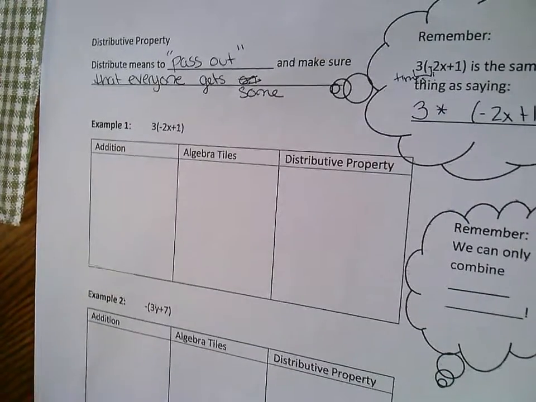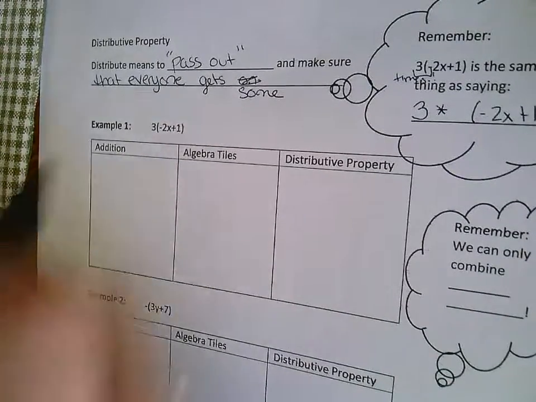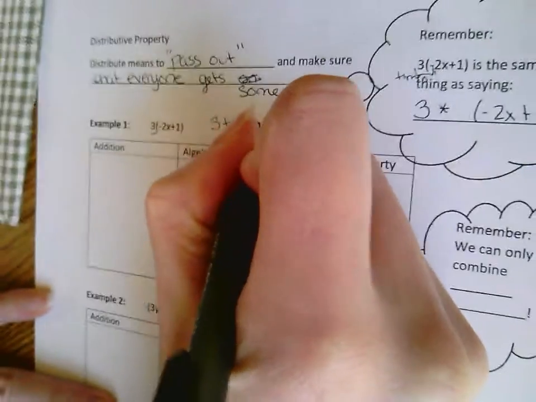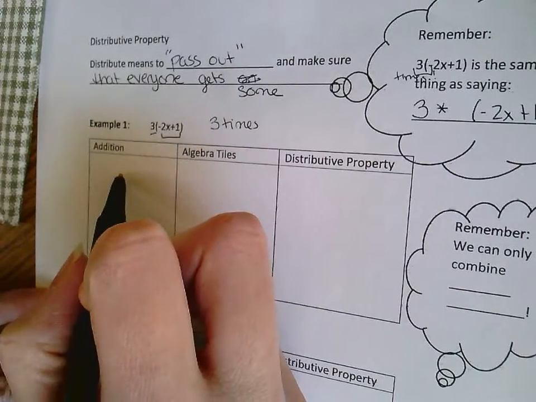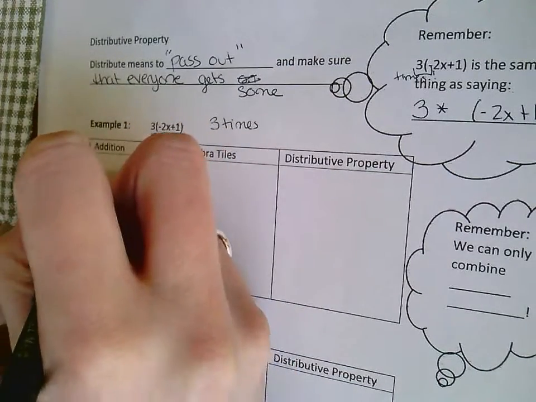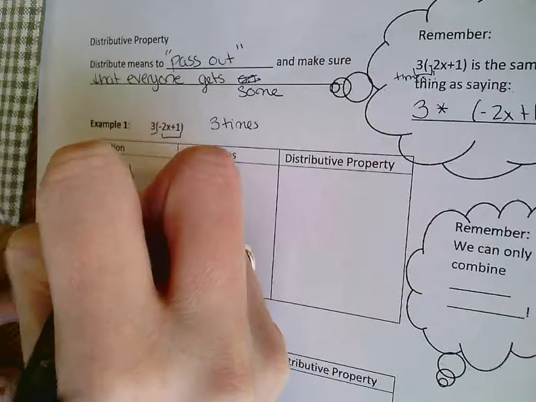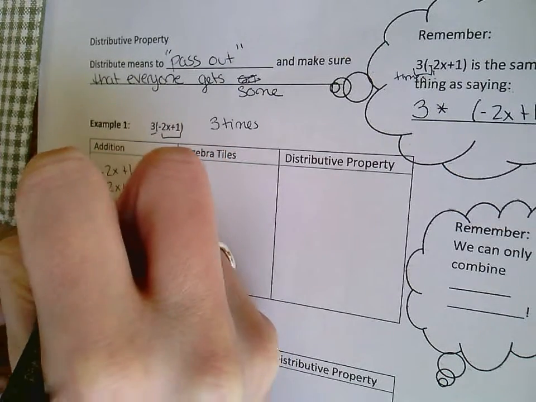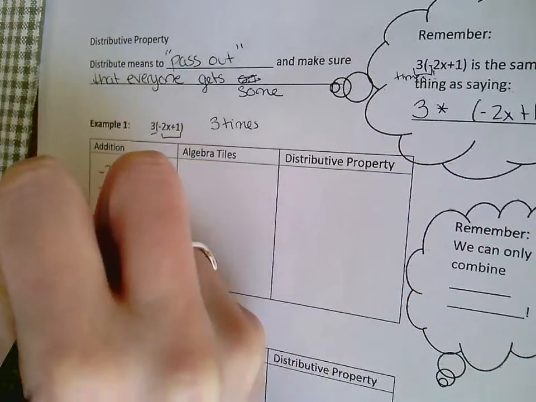Our first way is the addition. We have our 3, so we know it's 3 times what's inside. If we were going to do it additively, we would do negative 2x plus 1 three times. So we'd have negative 2x plus 1 and negative 2x plus 1, and another one.